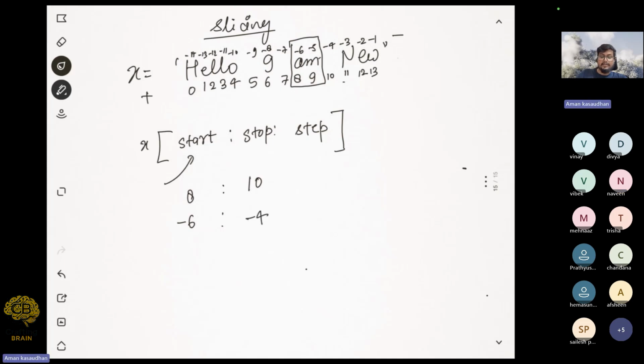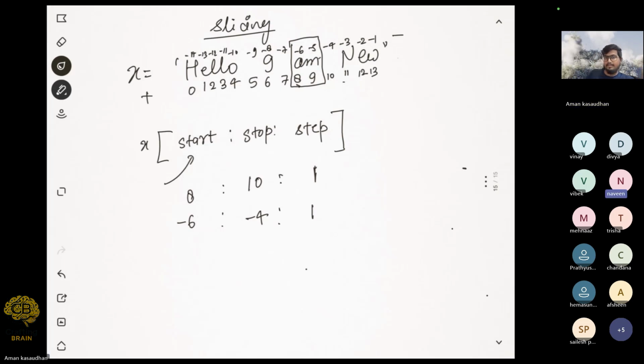Very good. And step count: between 8 and 9, what is the difference? Step count is the difference between your start and stop position. Between 8 and 9, what is the difference? 1, sir. So 8 and 9 we have 1, so the step count we can give is 1. Between minus 6 and minus 5, what is the difference? Plus 1 only.